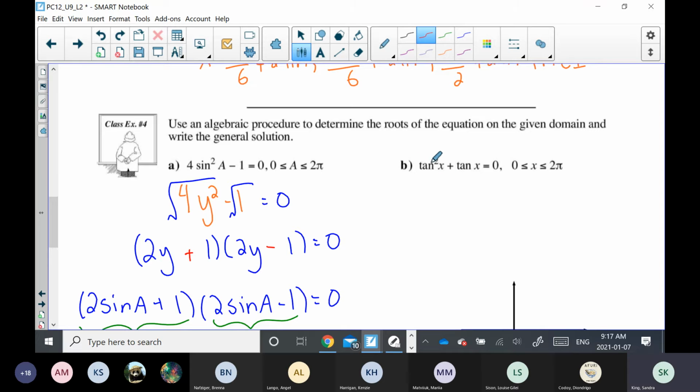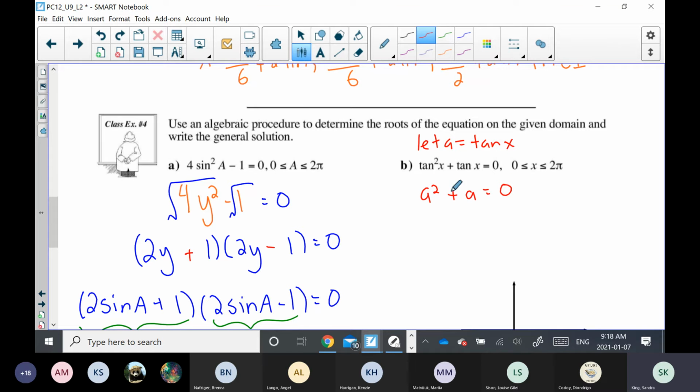Okay, tan square root of x plus tan of x is equal to 0. So let's choose the letter A. So a squared plus a is equal to 0. How would you factor this?